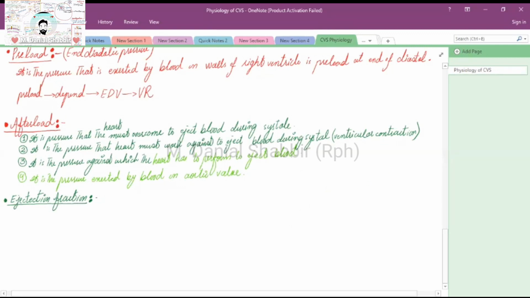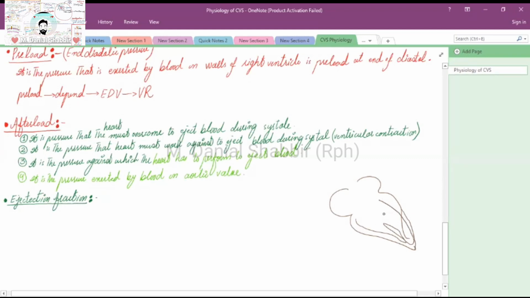For example, let's suppose this is your heart. These are the ventricles: right ventricle, left ventricle.